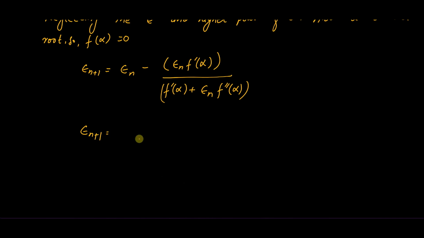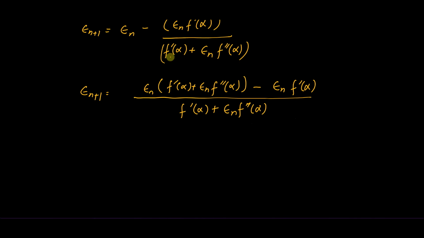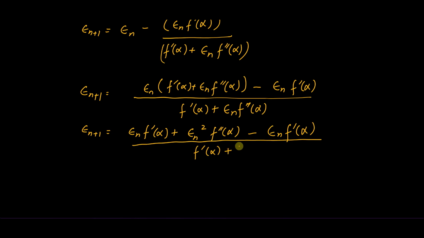After the LCM, we have the same denominator, f'(alpha) + epsilon_n f''(alpha), and in the numerator we multiply epsilon_n by the whole denominator term, giving epsilon_n [f'(alpha) + epsilon_n f''(alpha)] - epsilon_n f'(alpha). Removing the round brackets, it is epsilon_n f'(alpha) + epsilon_n^2 f''(alpha) - epsilon_n f'(alpha), divided by f'(alpha) + epsilon_n f''(alpha).